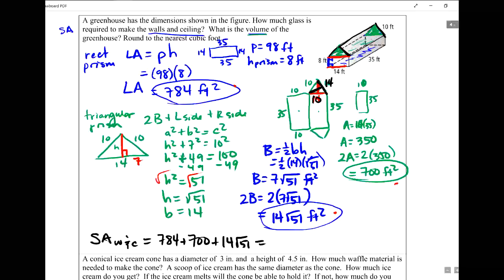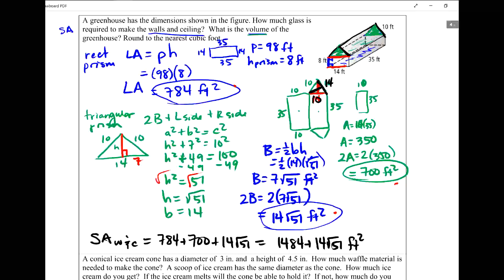So I could put that in terms of 1484 plus 14 square root 51 feet squared, or a much better number would be to put that into my calculator. 1484 plus 14 square root 51.